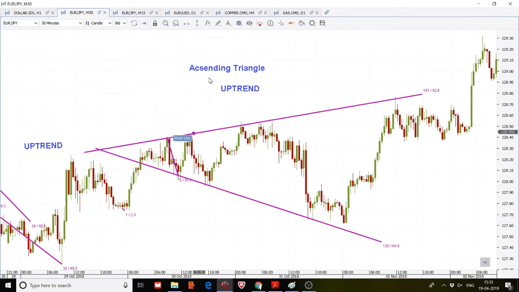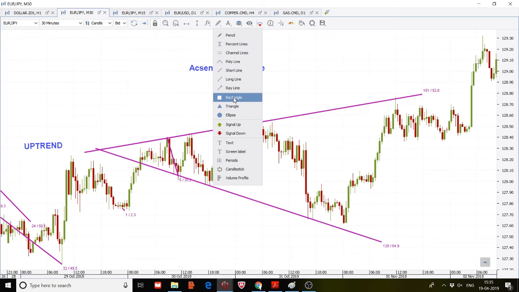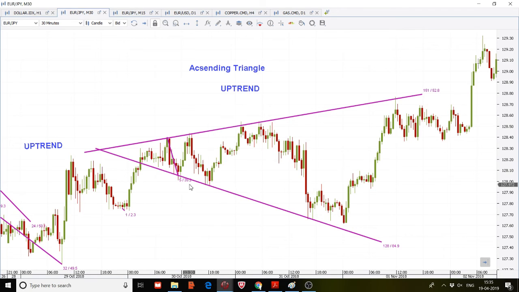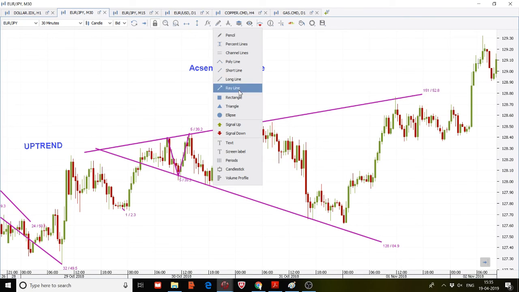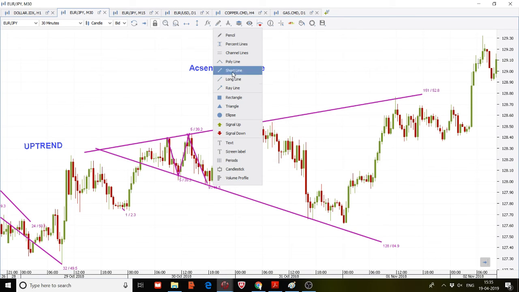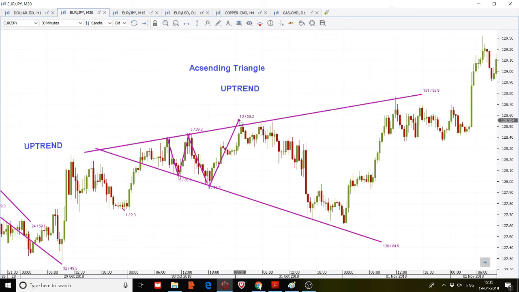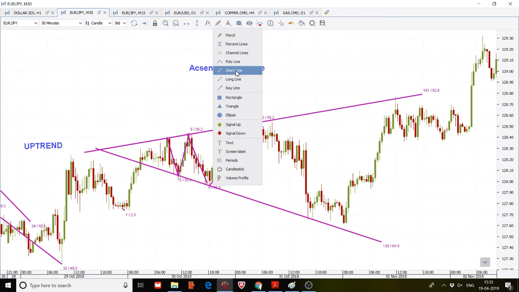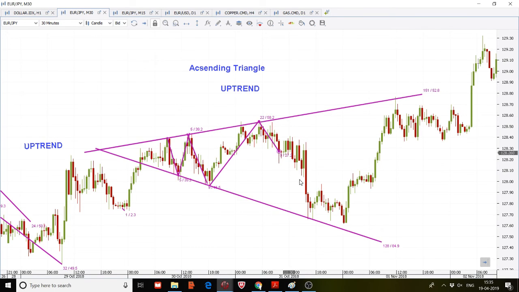Wave 1. Now we need 5 waves. So wave 1, wave 2, wave 3, wave 4, highest point you can join here or here, doesn't matter, and the last one is wave 5.